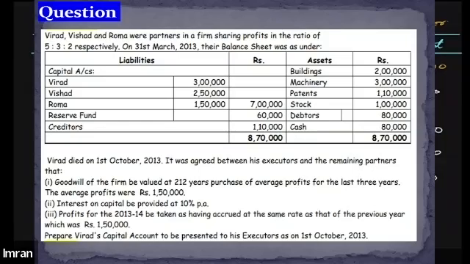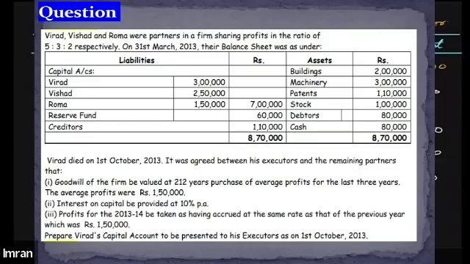However, this year is not yet completed. We are just assuming that at the end of the year, profit is going to remain the same. Considering that the profit is going to remain the same, we need to find out the profit that will be transferred to Virat's capital account. You understand this point?